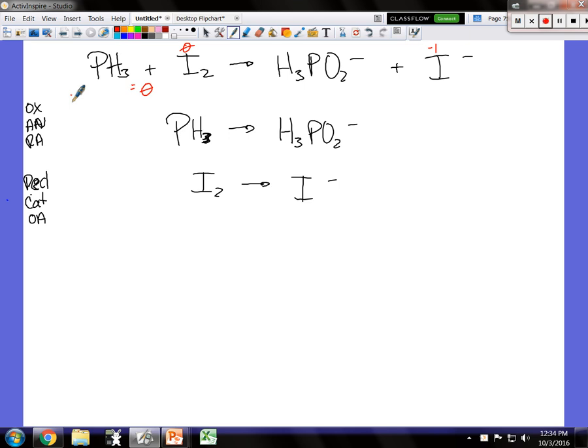And when it's with a metal, it's -1. But it's not with a metal. It's with a non-metal, right? So hydrogen is +1. Okay, so I'm going to bring that down. That's +3. So what does phosphorus have to be? -3. So that should make sense. So the reactant phosphorus is -3.